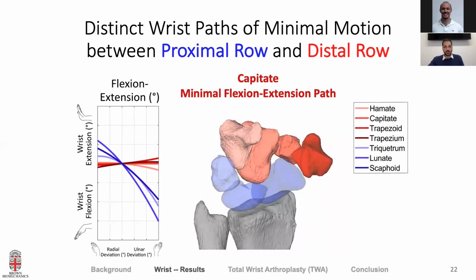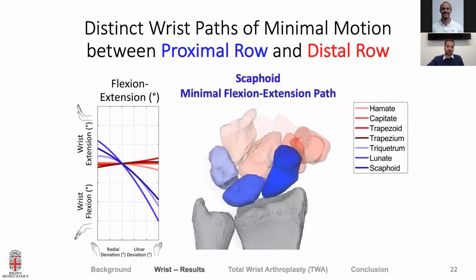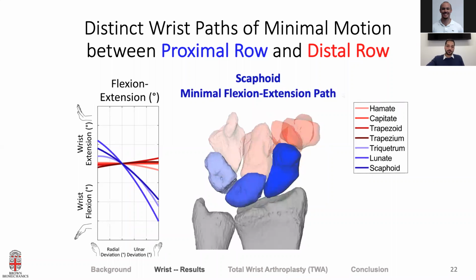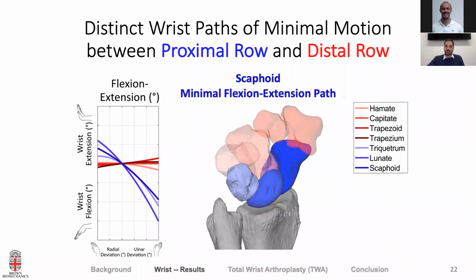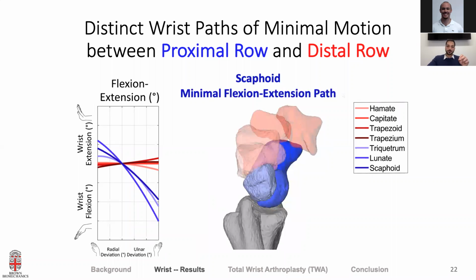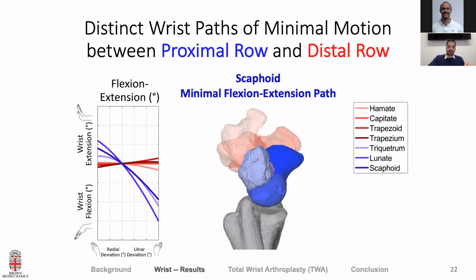As you see, all of the distal row bones have minimal flexion extension and they move together. For the scaphoid minimal flexion extension, which is the blue bone on the right, you see the proximal row bones are not moving as tightly as the distal row, but they still have a similar path.